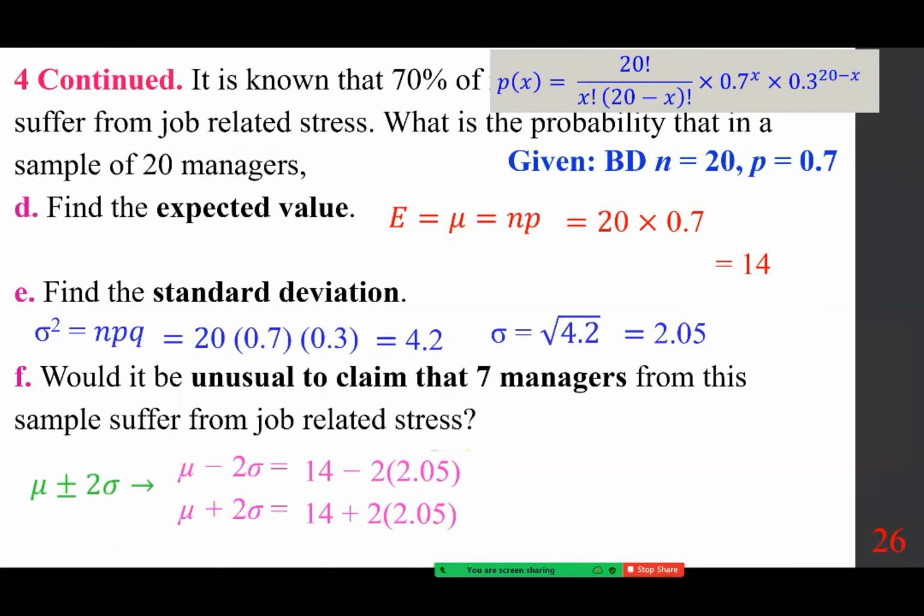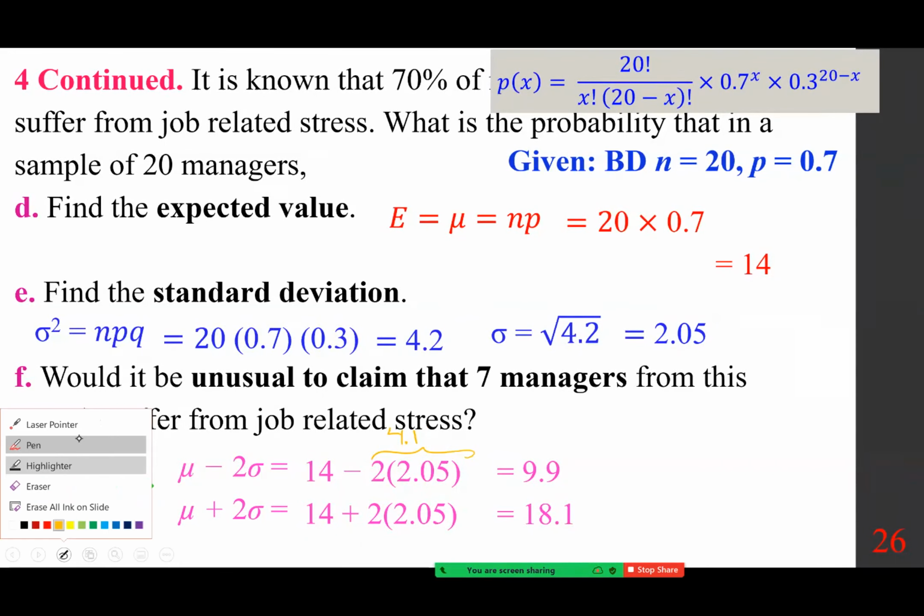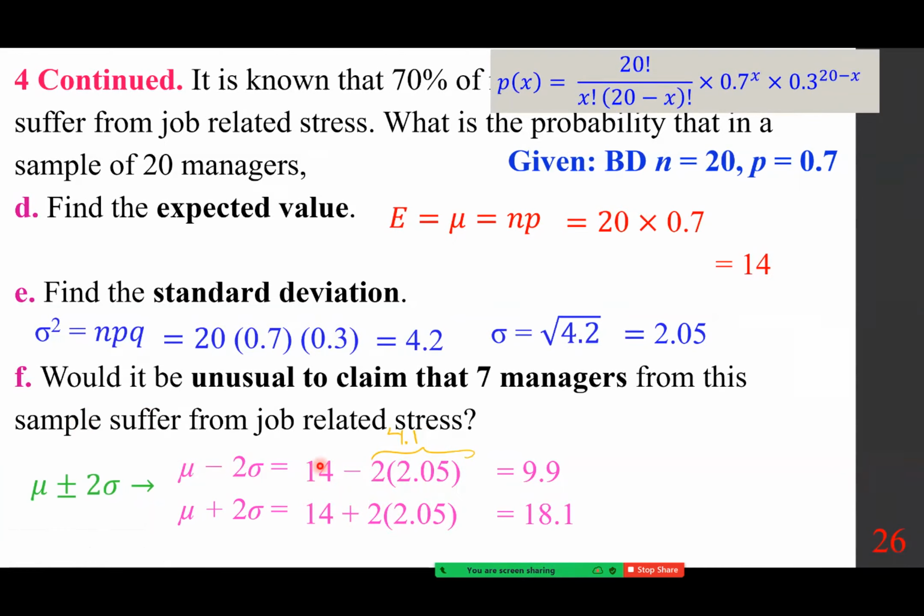You subtract 4.1 from 14 and add 4.1 to it, which gives us 9.9 for mu minus 2 sigma and 18.1 for mu plus 2 sigma. If the 7 is an element of that interval, it's usual, otherwise it's unusual.